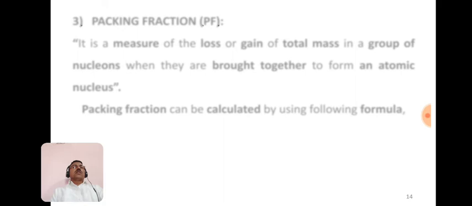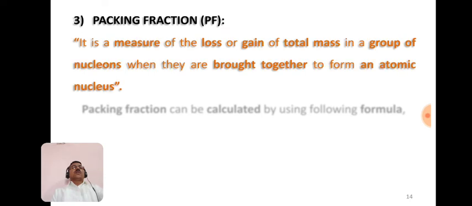Now the third point is packing fraction. It is denoted by PF, and it is nothing but the measure of the loss or gain of total mass in a group of nucleons when they are brought together to form an atomic nucleus.